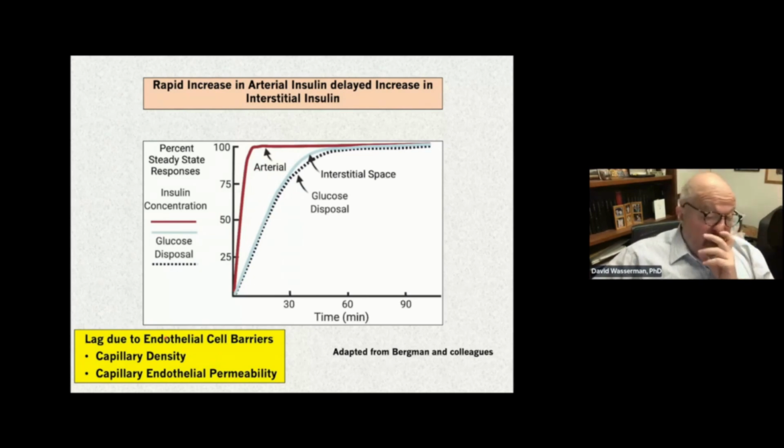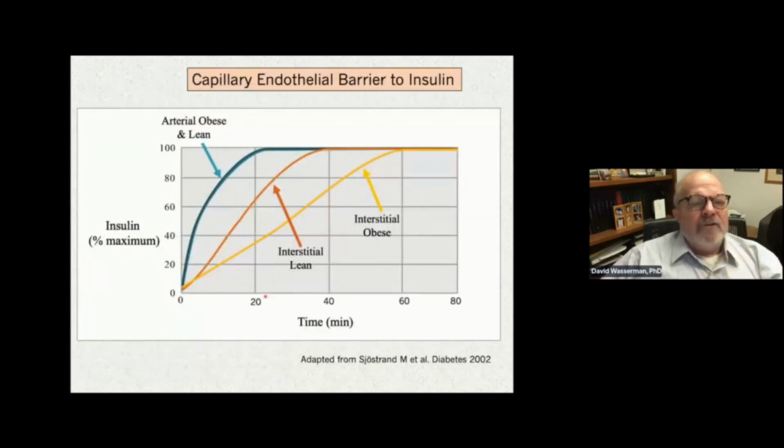There are two determinants of this barrier, and that is the capillary density, the surface area for exchange, and then the permeability of those endothelial cells for insulin. So let me just show you the capillary endothelial barrier to insulin. This is the arterial level in lean and obese subjects, which rises rapidly.